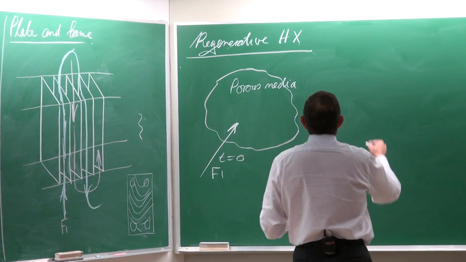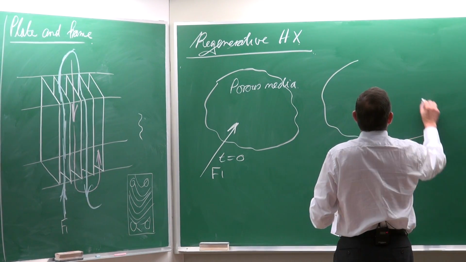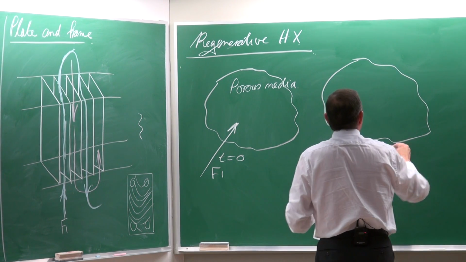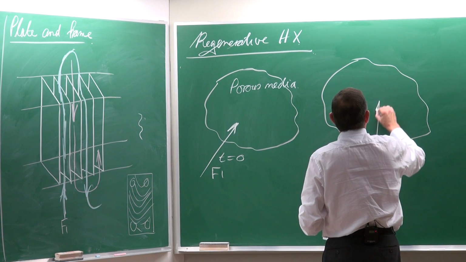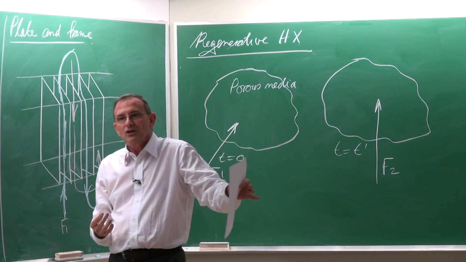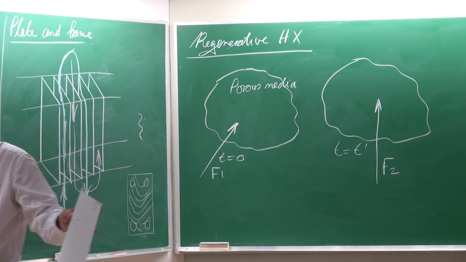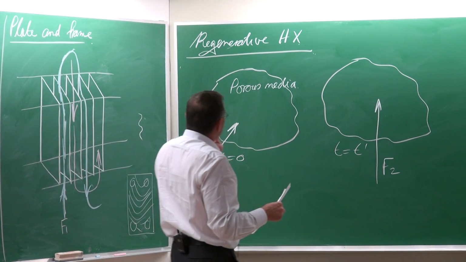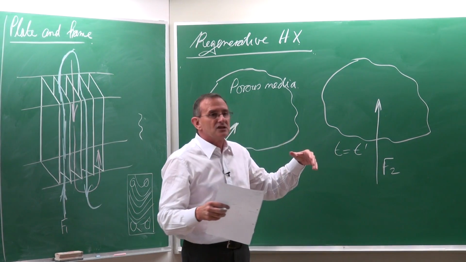Then at T equals delta T, you will have fluid 2 going through the same mesh. And that is how you can transfer the heat from the one fluid to the other fluid. These types of heat exchangers are specifically now being investigated for concentrated solar plants.